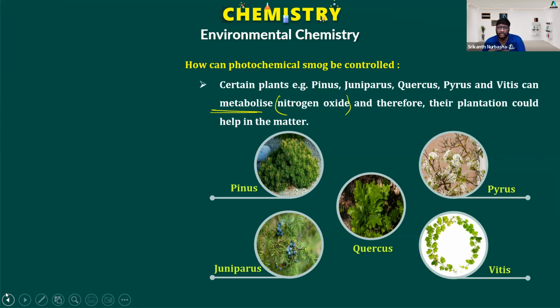Bacteria and fungi are viable. Non-viable means smoke, dust, mists, as well as fumes. Smoke and fog together are called smog. Classical smog is reducing smog, and oxidizing smog is photochemical smog. We also studied the adverse effects of photochemical smog and how it can be controlled. All those points we have studied.